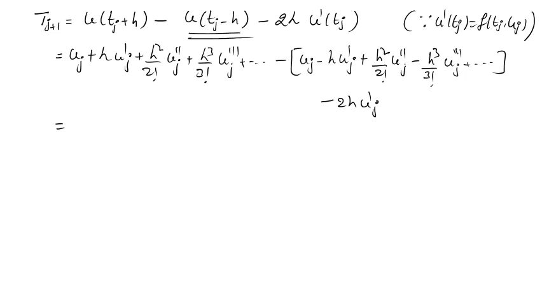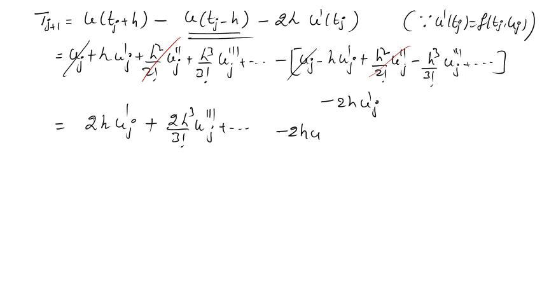Finally, which terms are getting cancelled? uj term getting cancelled, right? Next one, these odd derivatives become plus and this is minus after multiplying. So what are the leftover terms? 2h u dash j plus 2h cube by 3 factorial u triple dash j and so on.